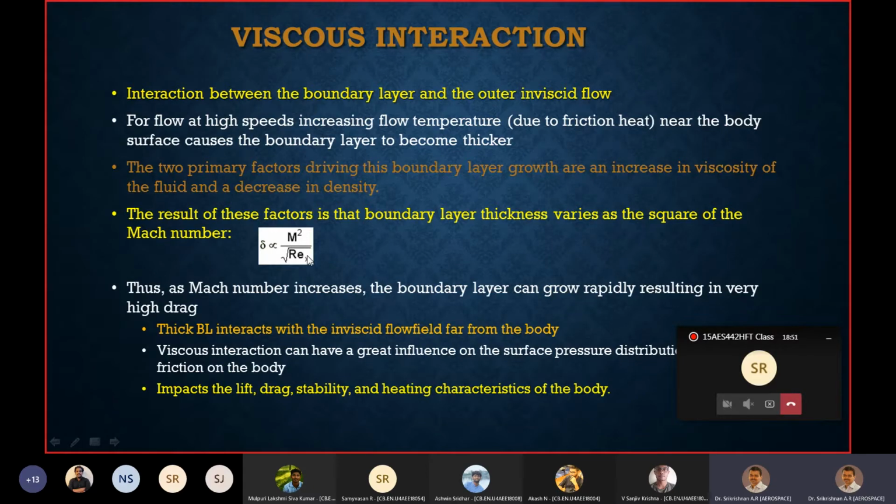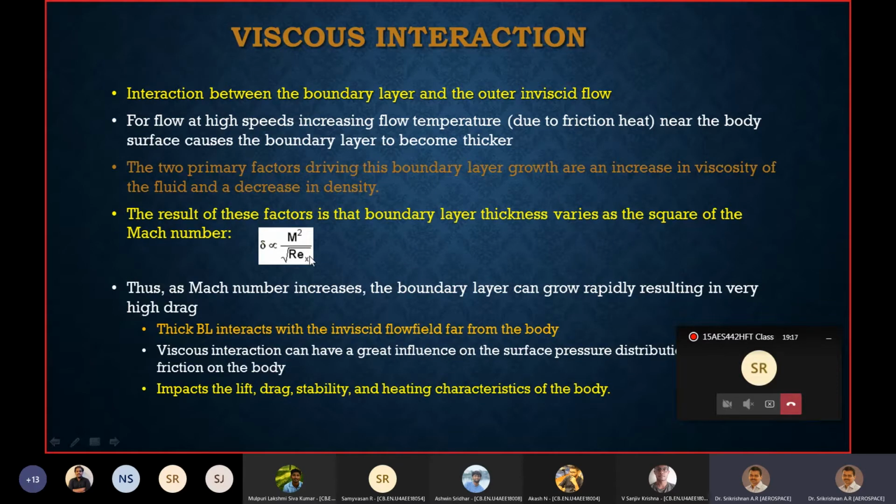Now, which means that the boundary layer grows very rapidly, which in turn means that the drag will be high. The viscous dissipation will be high, and the boundary layer will start interacting with the inviscid flow field. And because of this, all the aerodynamic properties, drag, stability, and also the lift, etc., will be significantly impacted.